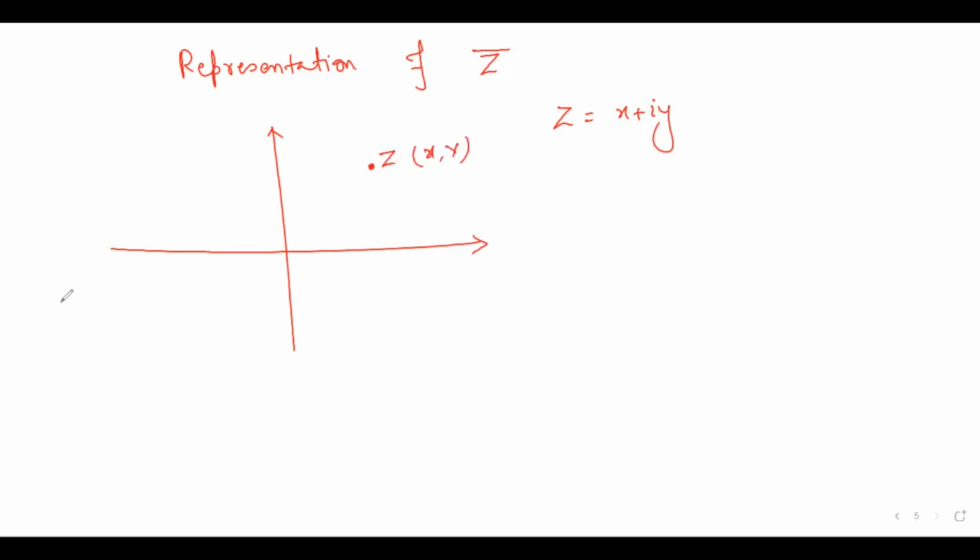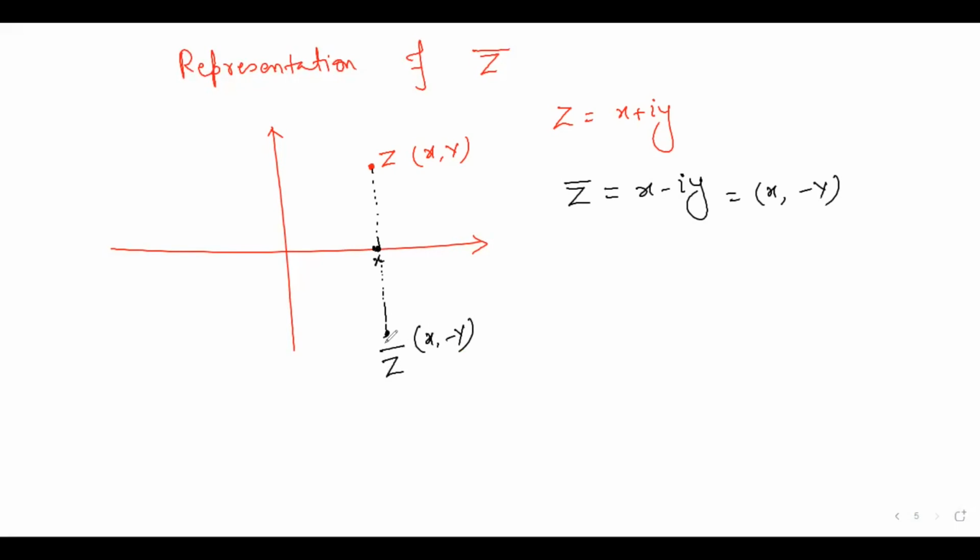What will be its conjugate? Its conjugate will be z bar equal to x minus iy. As an ordered pair, we can write x comma minus y. Its x coordinate will be the same along this line. Its y coordinate is the negative of y, so it goes straight downward. So this is x comma minus y, and this is the z conjugate.